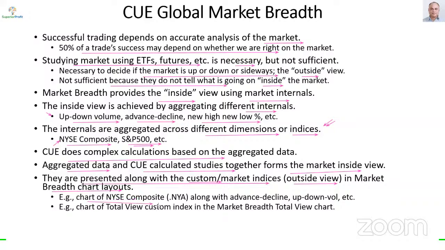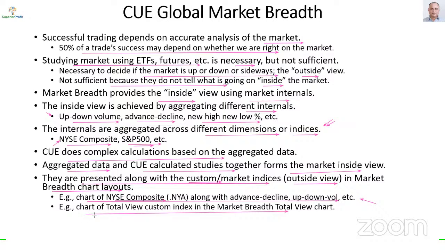Examples will be chart for NYSE composite along with NYSE advanced decline up-down volume. That is one of the breadth chart layouts. That is calculating internals and then aggregating and then combining with key calculations across one dimension, NYSE composite only. And then there are other layouts like total view custom index along with market breadth total view.